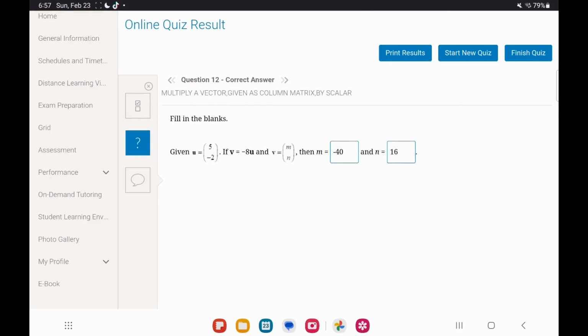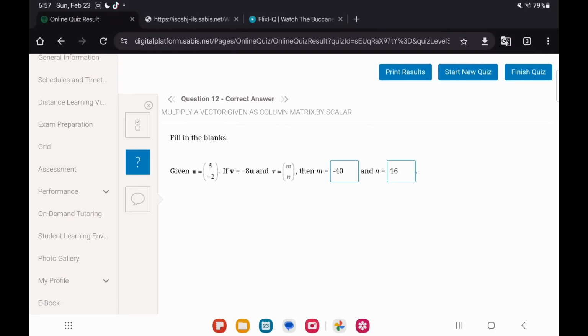Now question number 12. Okay, these are the new questions we never had before. So they want to know what V would be if V was negative 8 times U. So we multiply each value of U by negative 8.